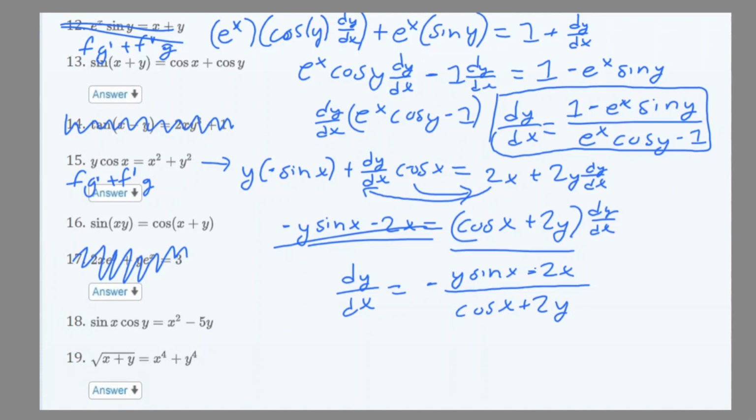And this would be actually positive because we moved a negative to the outside. So when we distribute, the negative would also go to the 2x. So we would have that there and that there. So that would be your answer, dy dx, for number 15.